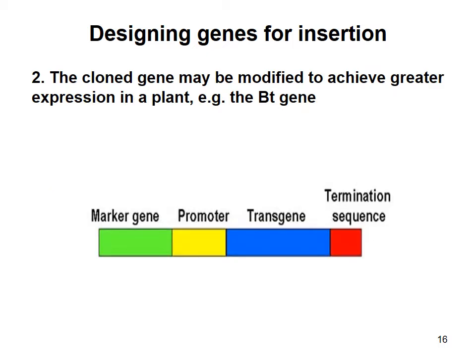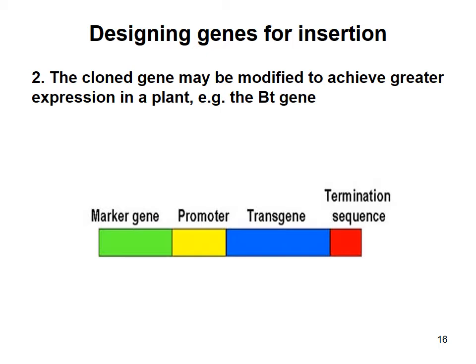Sometimes the cloned gene is modified to achieve greater expression in a plant. For example, the Bt gene for insect resistance comes from bacteria, and it has a higher percentage of adenine-thymine nucleotide pairs compared to what you would find in plants, which prefer guanine-cytosine nucleotide pairs.